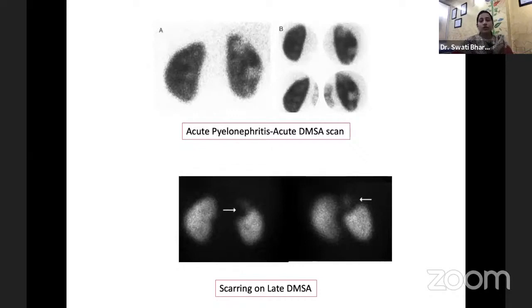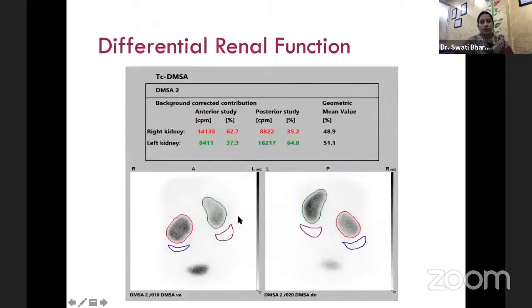It is not always possible to differentiate, but in acute pyelonephritis, the outline of the kidney is not usually disturbed and photopenic areas are seen, whereas in permanent scar, the outline of the kidney is disturbed and there are signs of volume loss.